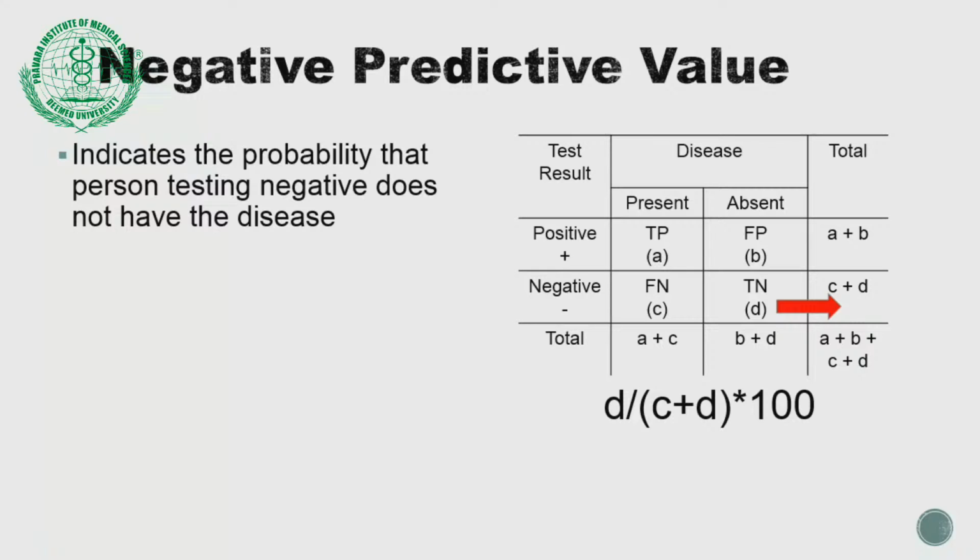Just like specificity, if we draw an arrow from the true negative column to the row total of negative values, we will get the formula, which is D upon C plus D into 100. So this is the formula for negative predictive value, D upon C plus D into 100.